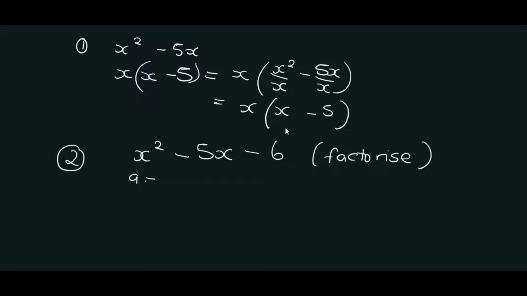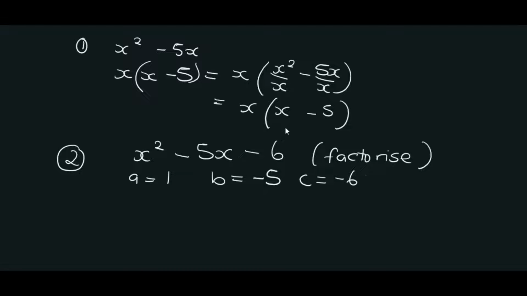A is equal to 1. A is just the coefficient of x squared, and then B is the coefficient of minus 5x, or the coefficient of x, which is equal to minus 5. C is equal to minus 6.